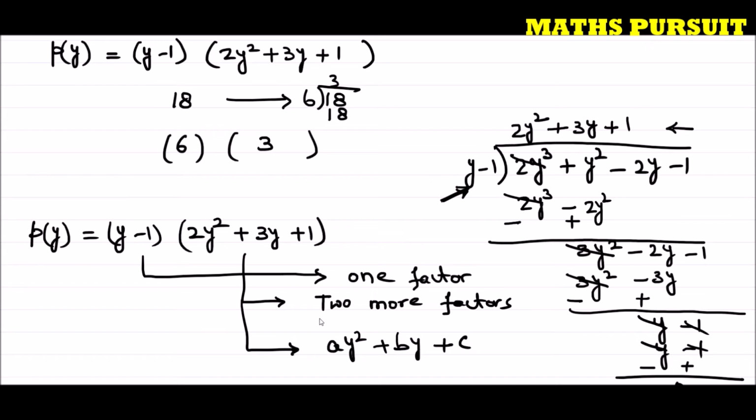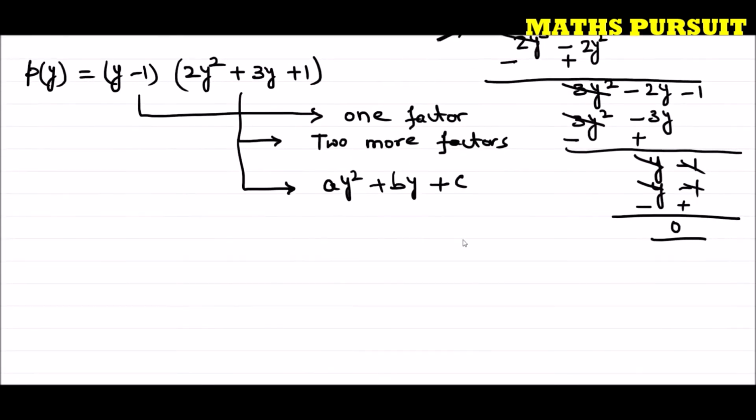Comparing this ay to the power 2 plus by plus c with the quadratic polynomial 2y to the power 2 plus 3y plus 1, we can easily say that a is equal to 2, b is equal to 3, and c is equal to 1.